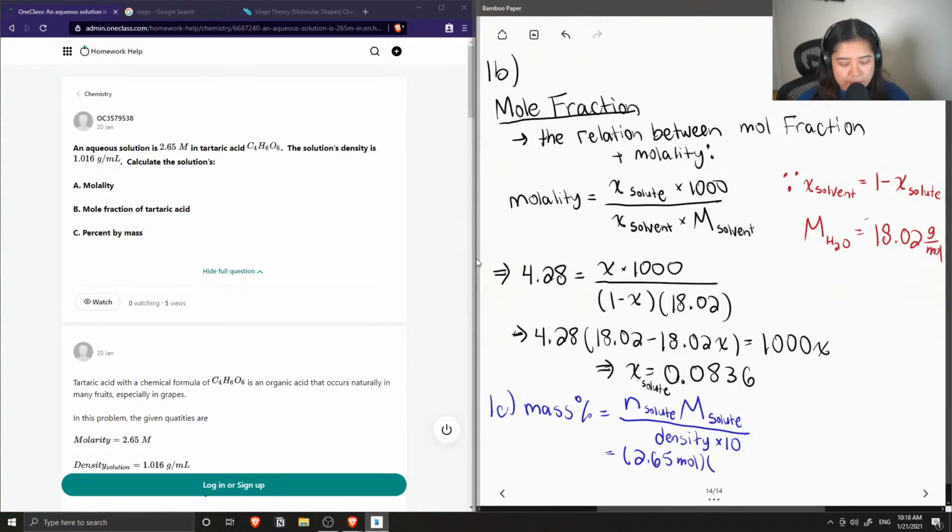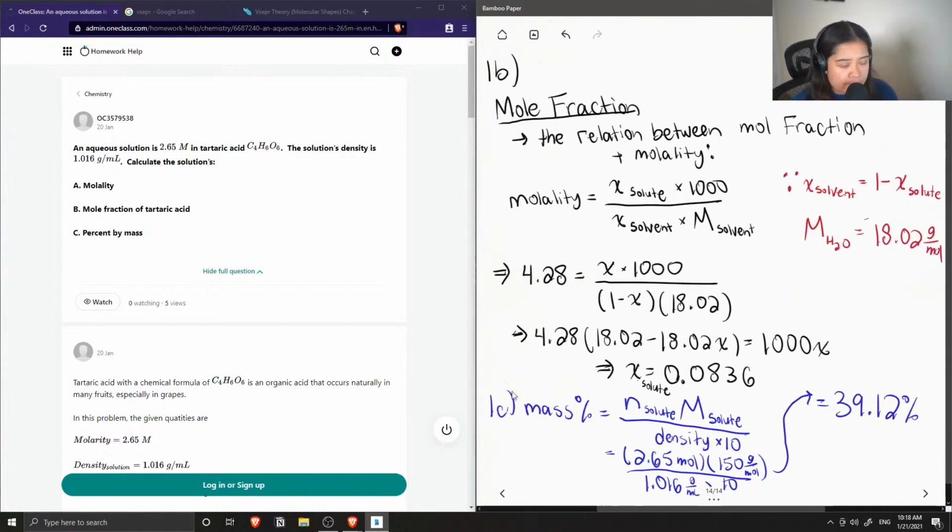The molar mass of our solute, 150 grams per mole from part A. The density is 1.016 grams per mil, multiplied by 10, gives us a final mass percent of 39.12.